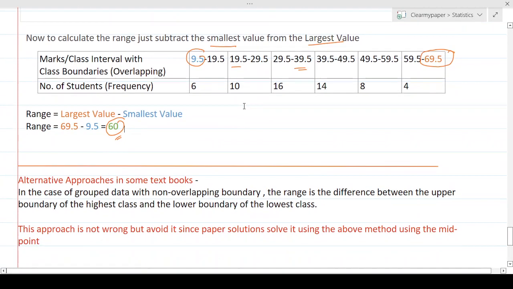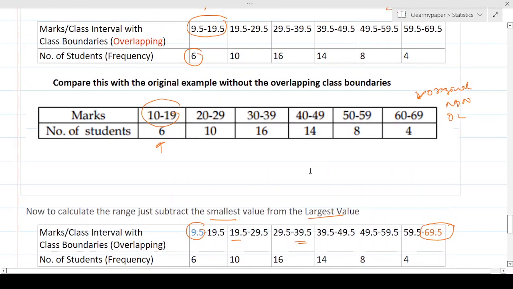And as a side note, in some of the textbooks, what I've seen is that even for non-overlapping intervals, they don't do this method. They directly take the difference as if it was overlapping. So if this was the given problem, they will take the largest value and the smallest value. So they'll say 69 minus 10 is equal to 60, or something like that. 61, sorry, 59, my bad.